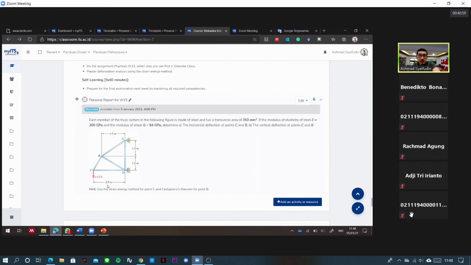The problem is almost similar, but you have to determine the horizontal and vertical deflection at points C and B. For point C, the load already exists, but for point B there is no load, so you need to use Castigliano theorem.